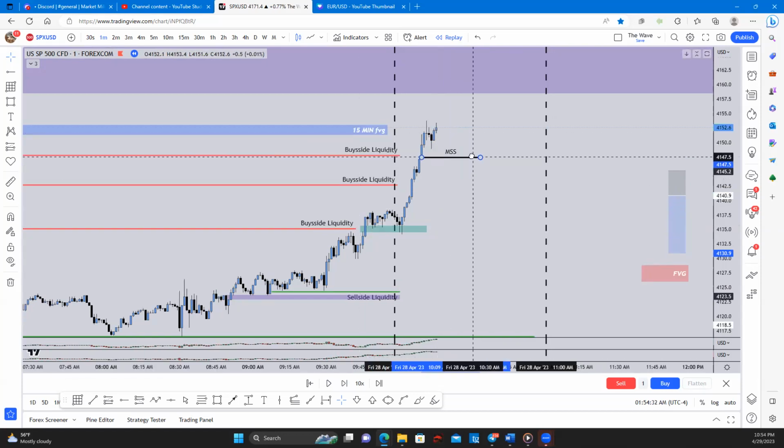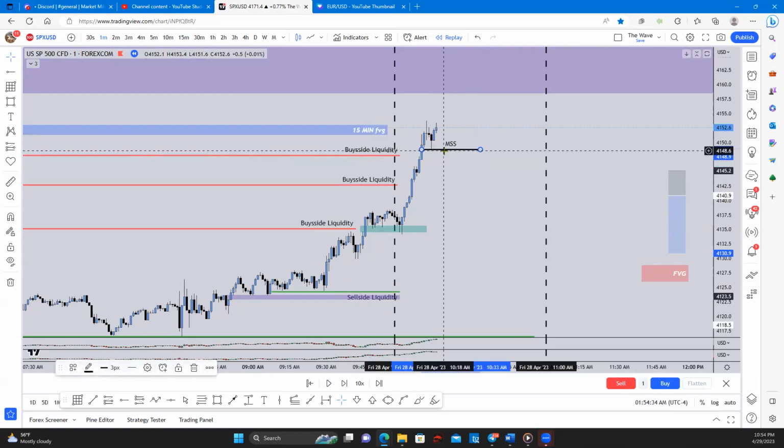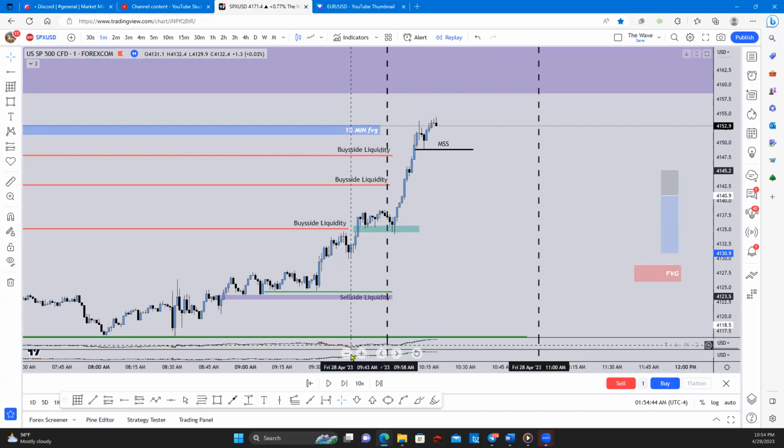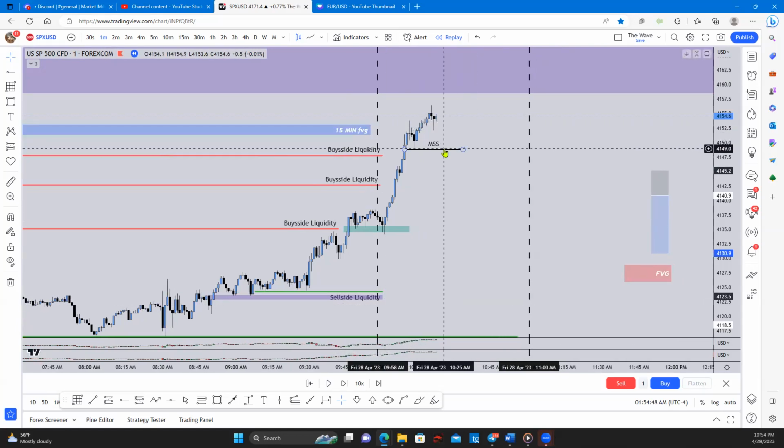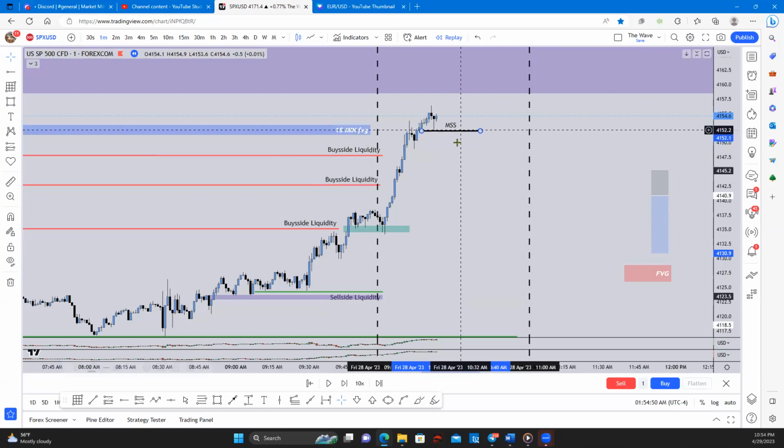And as we came up, I was waiting for swing lows to get put in. So for example, we got this new swing low put, so I trailed my marker here. Come on, computer. There we go. It came up, so I trailed my marker back up here.